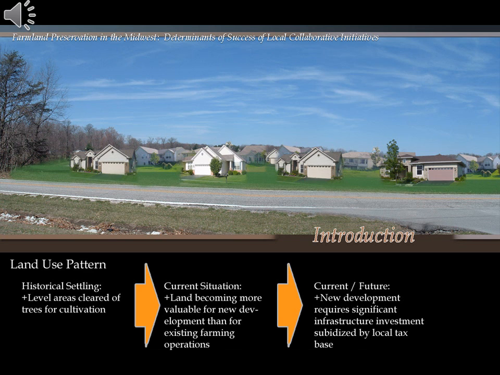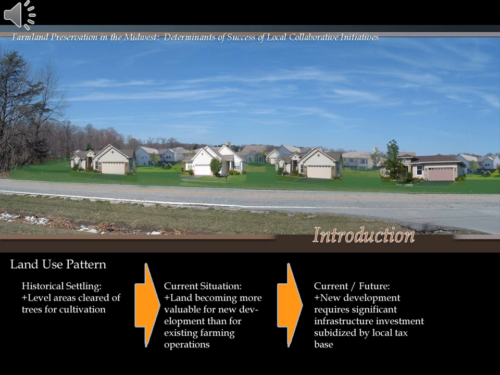And finally, what we see now is that instead of growing crops, we're now growing houses on the previous land. And there's a couple of issues from the community's perspective about this. One is that most of the new development is really unplanned development, meaning that the infrastructure, the schools, the roads, the utilities aren't put in a meaningful way, and so it's very expensive to service this.